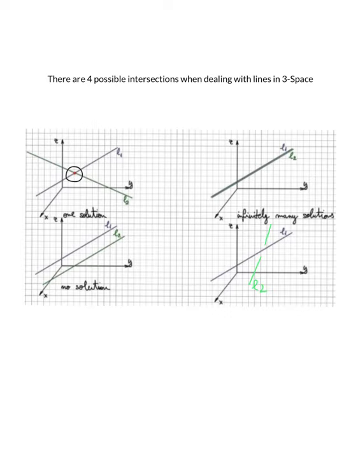Third case, top right, this is the case where the two lines are the exact same. They're coinciding, we can call them. We can say that these two lines are coincident, and there's an infinite amount of solutions. And the fourth case, the bottom right, this is a really strange one. So there's no solutions in this case. I'll just write that in here.